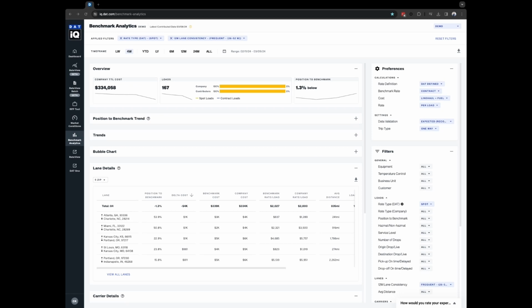A lot of times that can be driven by volume variability. That's the most common culprit. And that's something that you can work with your internal teams to do your best to try to control or at least forecast.